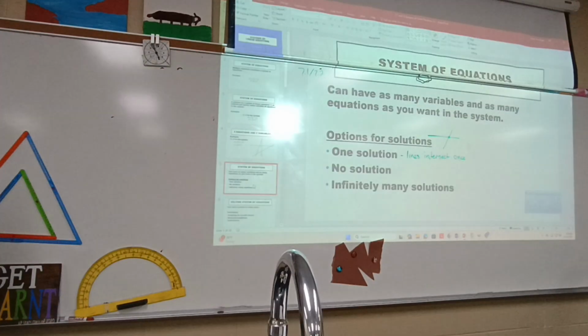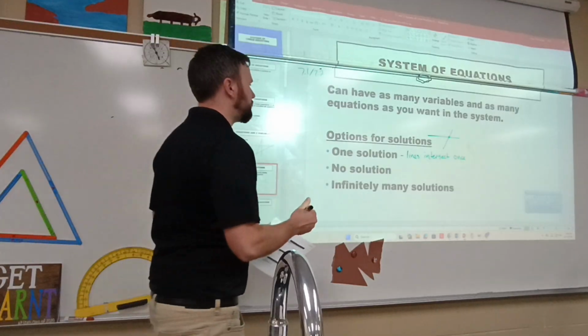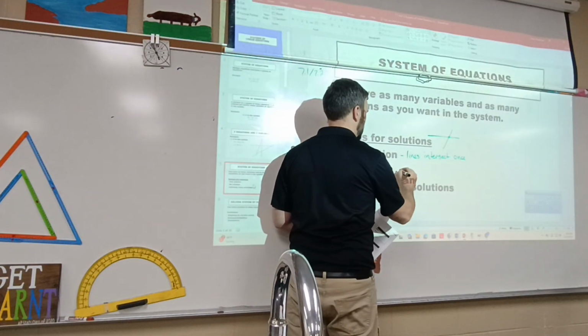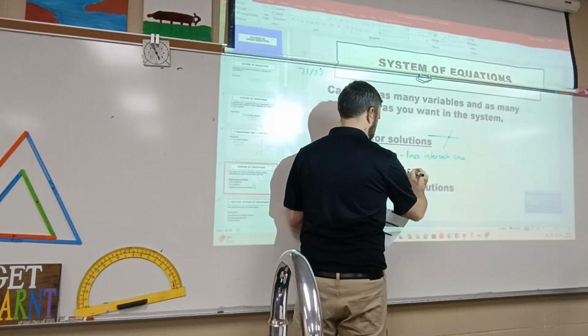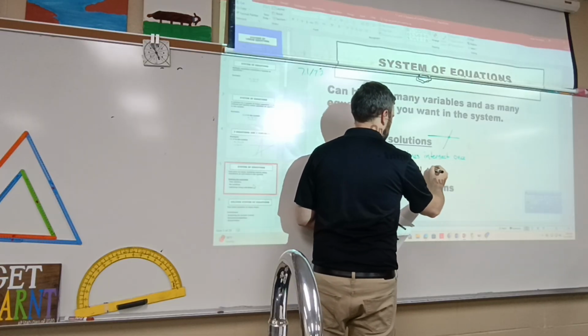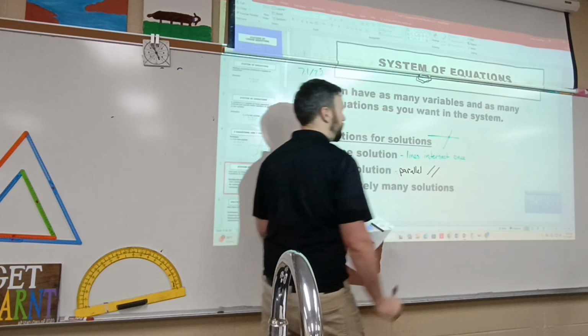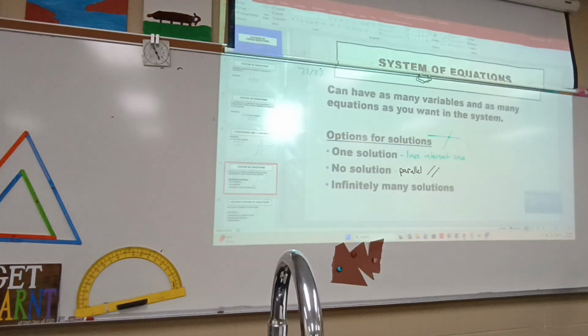If there's no solution, it means they are parallel, because these two lines do not intersect. If they do not intersect, there is not a solution.